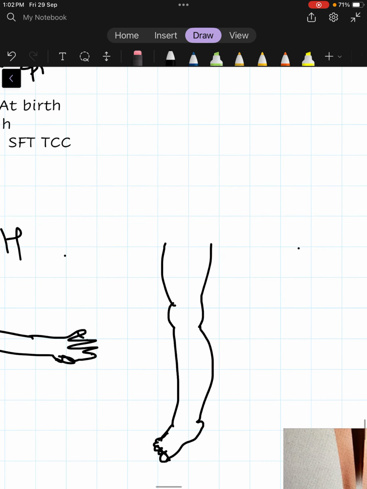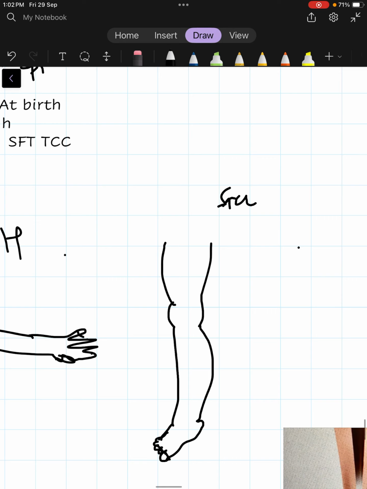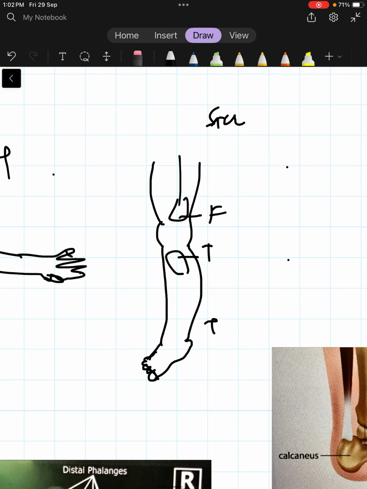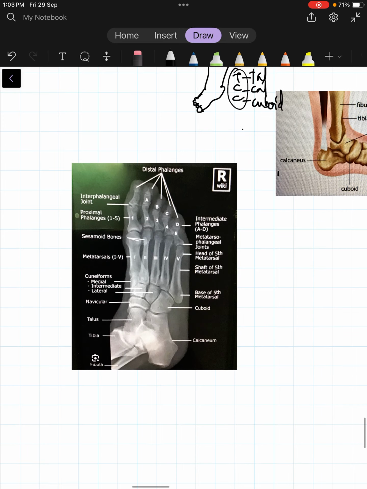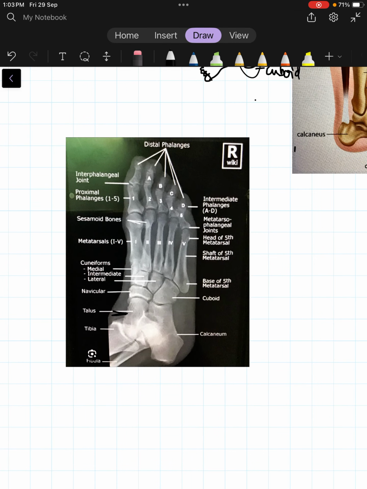Then in the leg we have the lower end of femur, upper end of tibia. Then the ankle joint. In the foot we have talus, calcaneum and cuboid. Not cuneiform, cuboid.